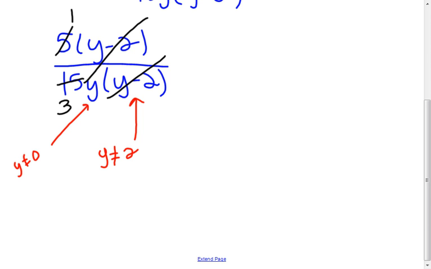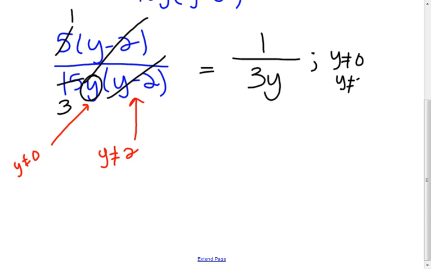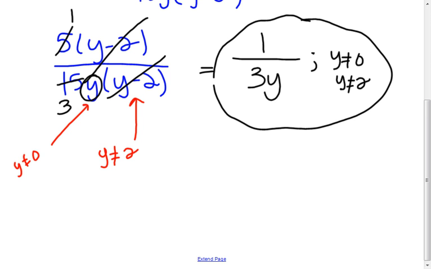So all you have left on top then is 1, and all you have left on the bottom is 3, and then this y that's right here. So you have 1 over 3y, and we already know that y can't be 0, and y can't be 2. And that's how that one works.